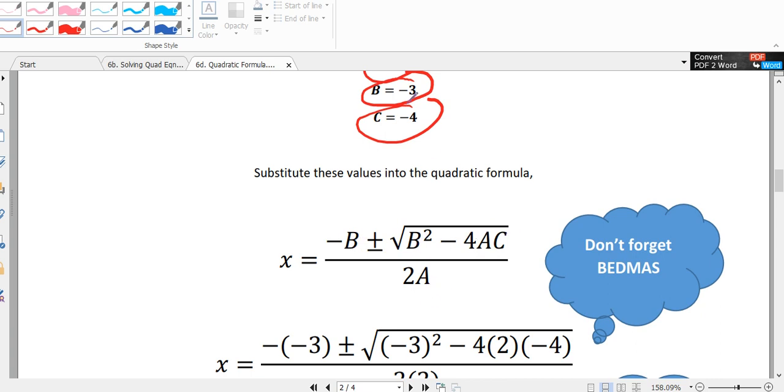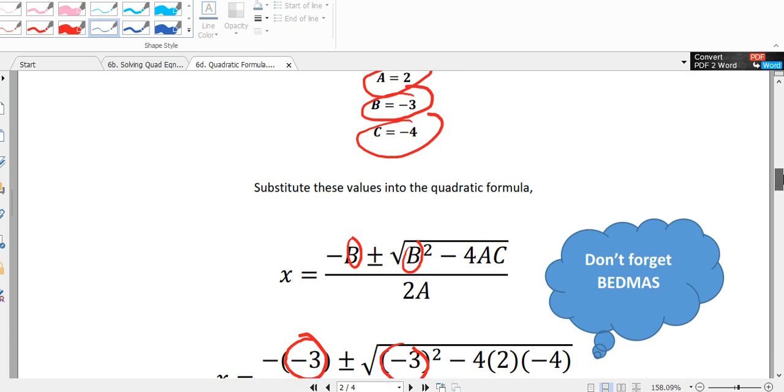So what is my b value? Negative 3. So notice how my b is replaced with a negative 3. I still left a negative there, because it's part of the formula. Plus minus the square root of b squared, negative 3 squared, minus 4a. Sorry, let's backtrack a little bit here. B is negative 3. What is my a value?